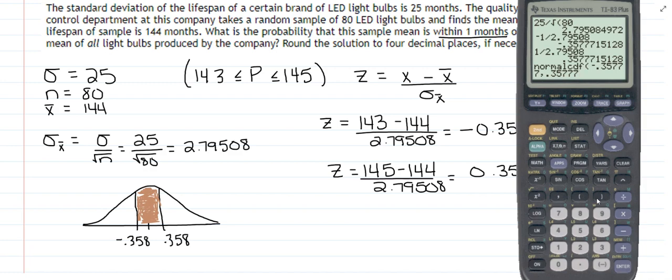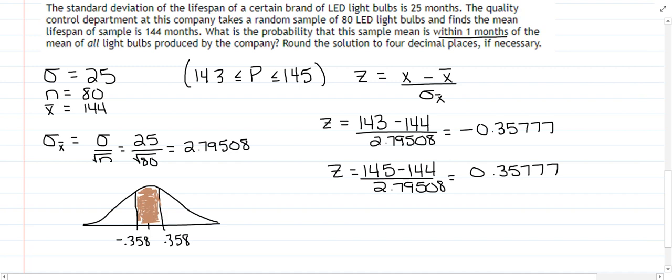And then there on the 84, you would also want to put the mean in and the standard deviation. And since we're on the standard normal curve, that would be a mean of 0 and a standard deviation of 1. And then that gives us our value. We go 4 decimal places, so 0.2795. There we go.